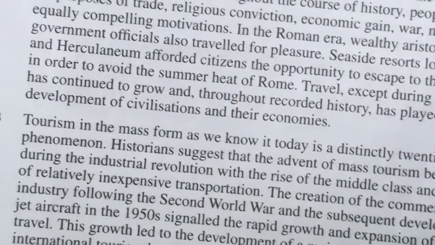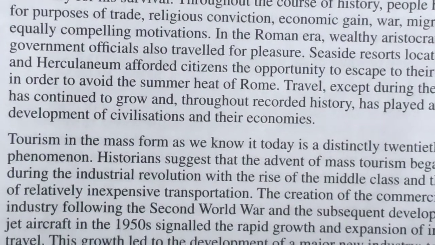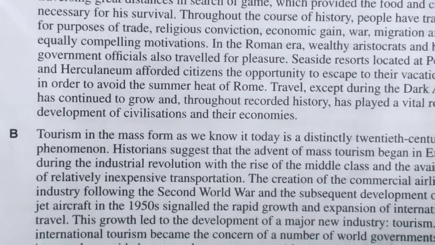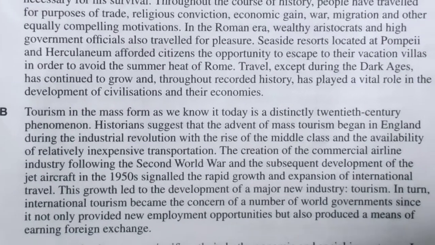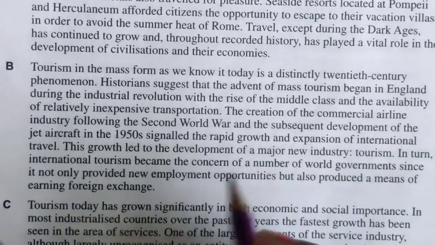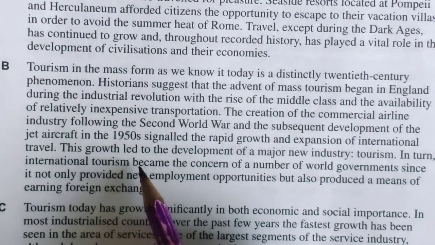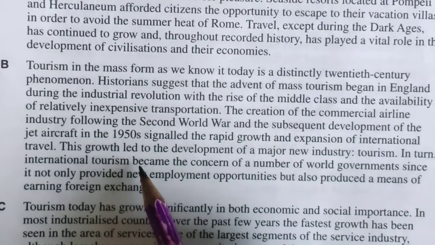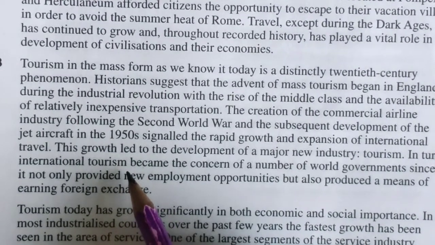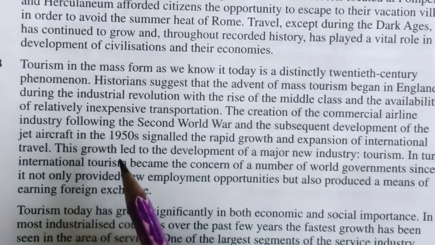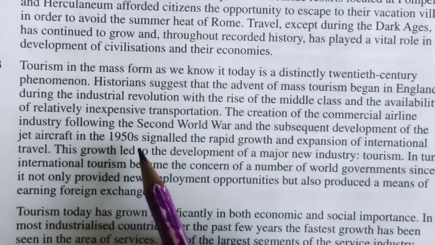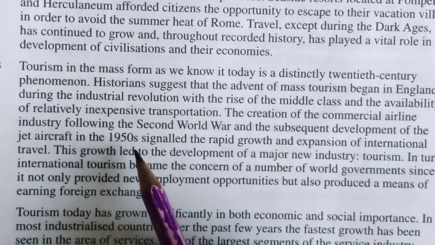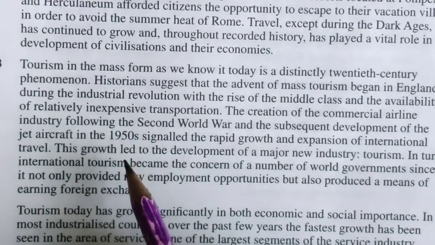Of course, we will be starting our reading from the B paragraph, not from A. Okay, so this is the B paragraph. Let's read it. Tourism in the... So now the first important thing is always read the first two sentences and the last two sentences.